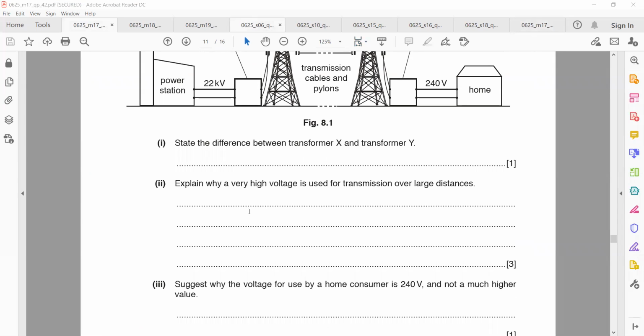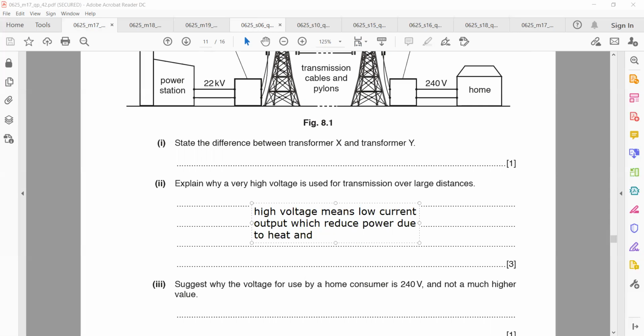Comparison is there. So high voltage means low current output, which reduces the power loss due to heat.